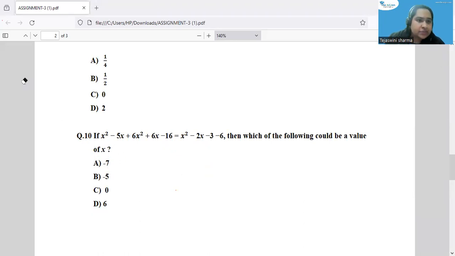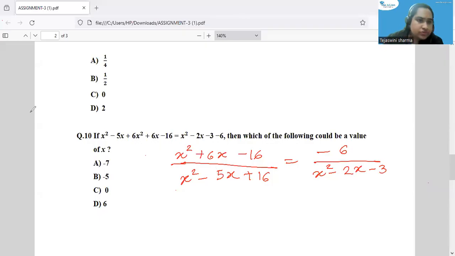Just a second, I'll write the right expression for you. Yeah, so the expression is this one, and when you put the value 0 in this expression, it will not give you a proper solution.